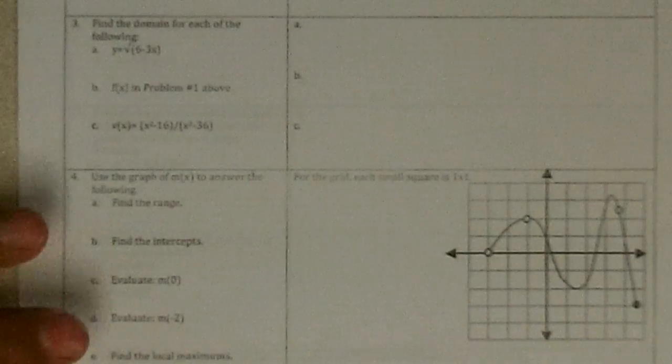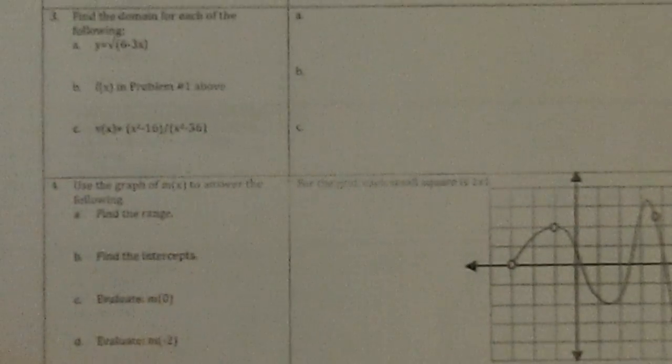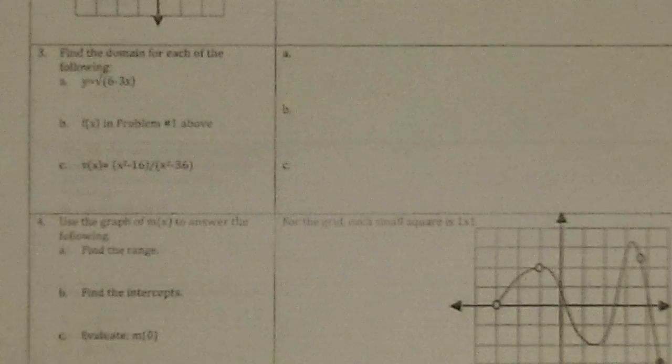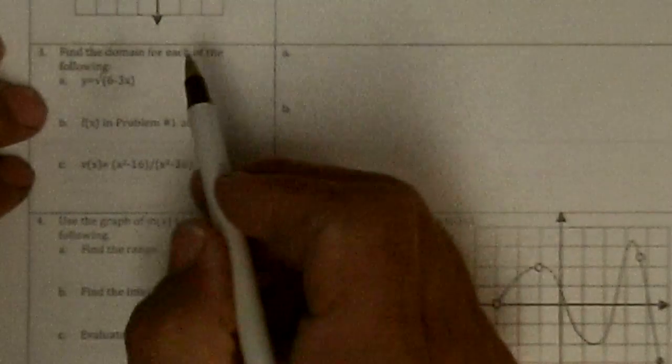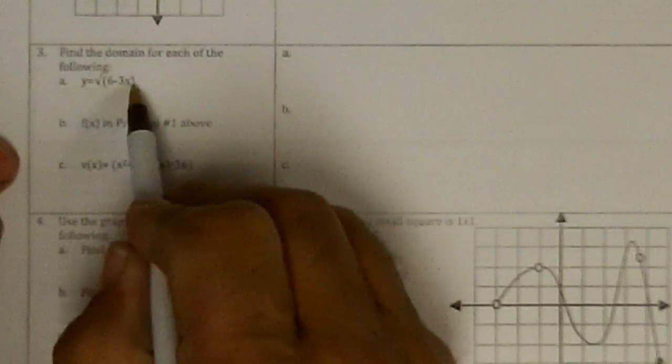Okay, number 3. Number 3 says, let me zoom in a little bit because that's kind of small writing here. Number 3 says, find the domain of each of the following. Well, the first one, we have a square root, and the square root can never be of a negative.